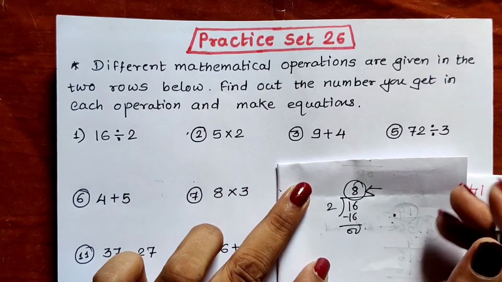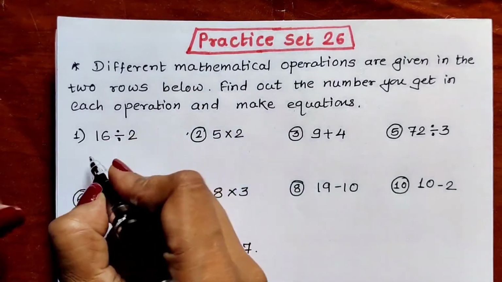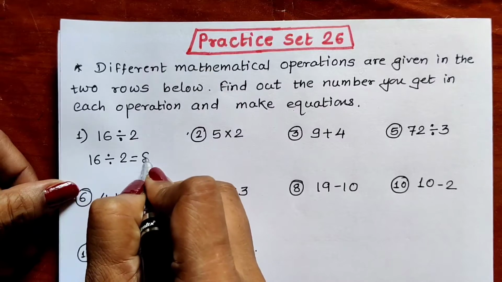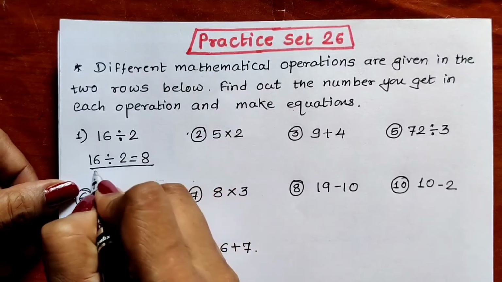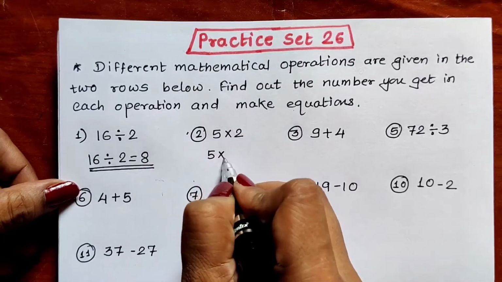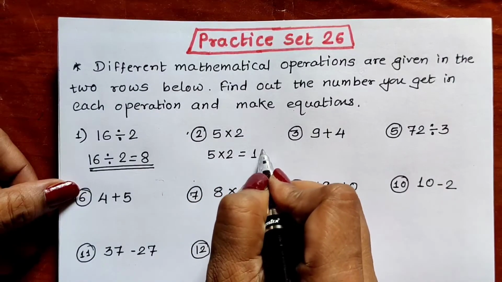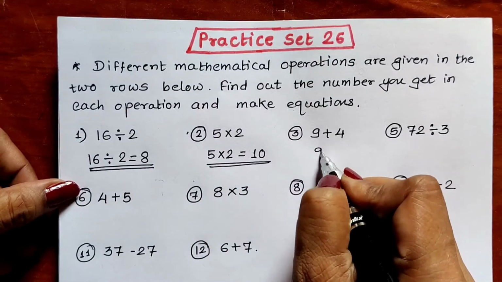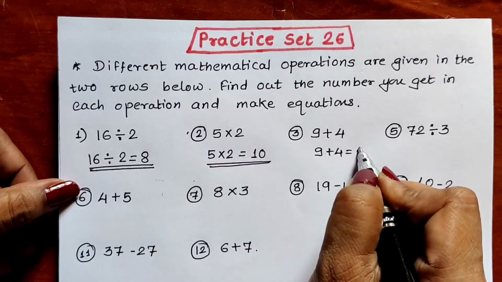Always the quotient is the answer. So 16 divided by 2, answer is 8. Then 5 multiplied by 2. 5 2s are 10. Then 9 plus 4. 9 plus 4 is 13.